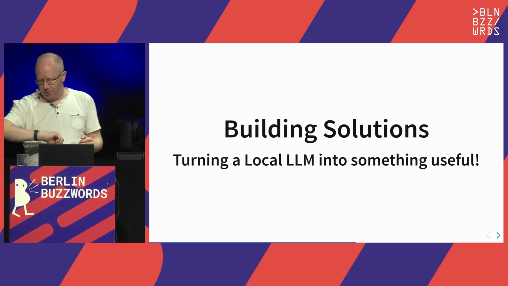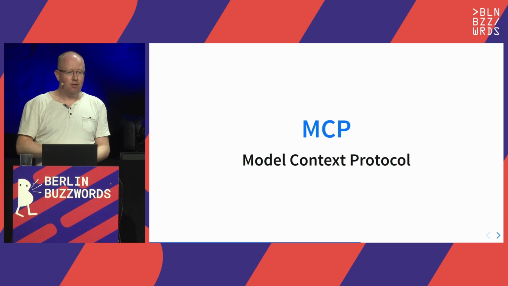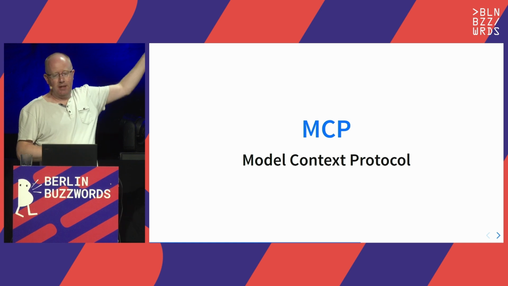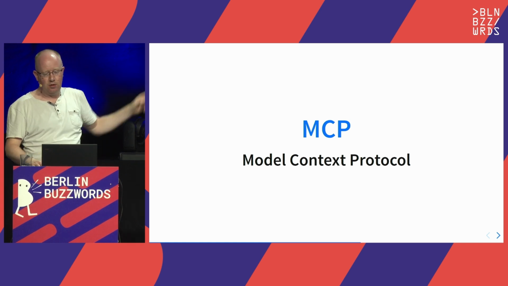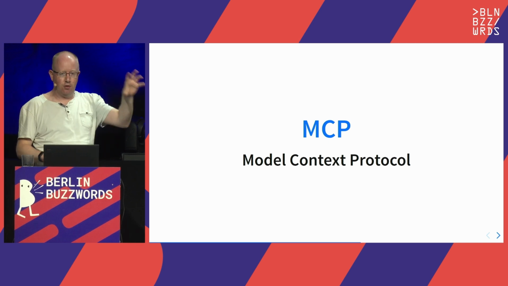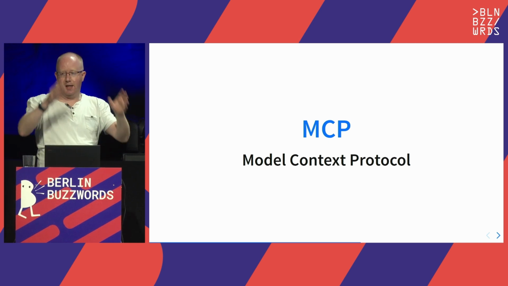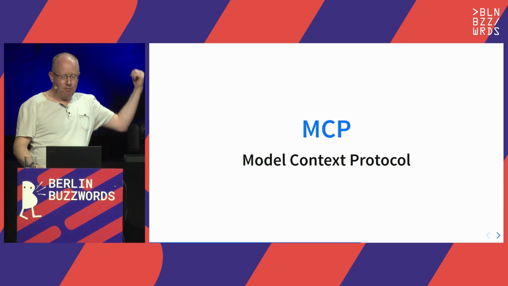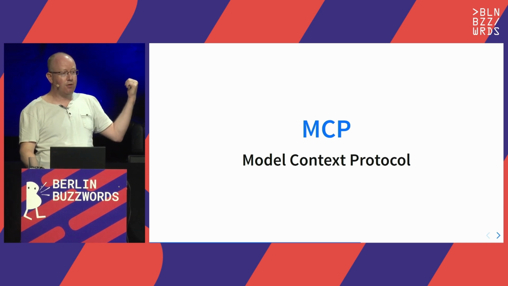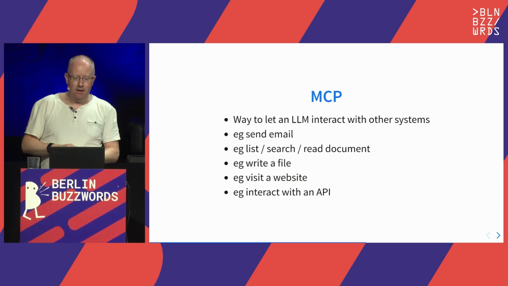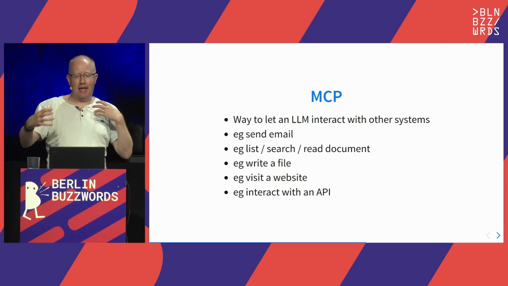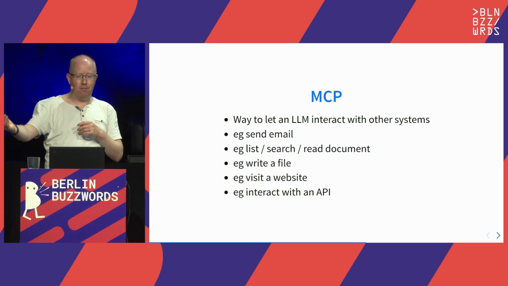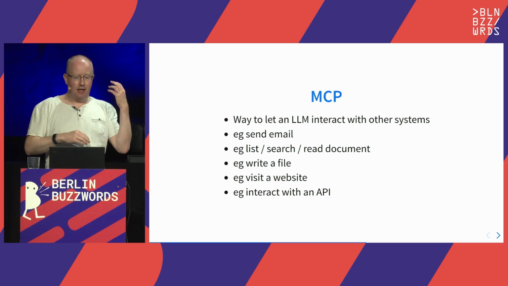All right, building some solutions. So the thing to be aware of at the moment is MCP, Model Context Protocol. So you've got your LLMs, you've got the software, you've downloaded some models. MCP is probably what you're going to want to use to glue some things together. So it's a way to tell an LLM to interact with another system. That could be having your LLM send an email.